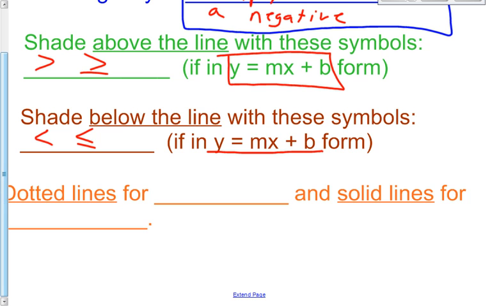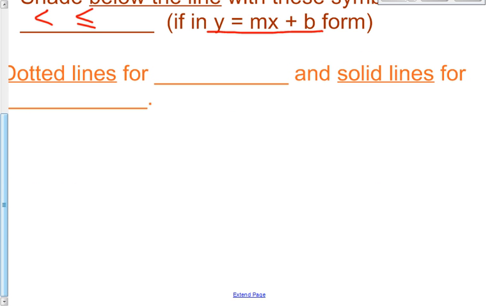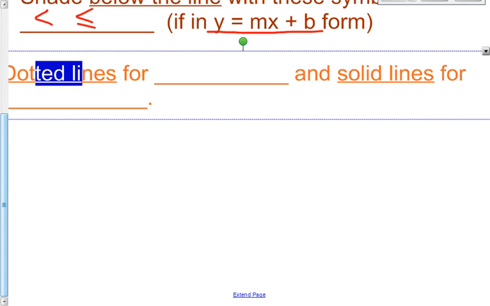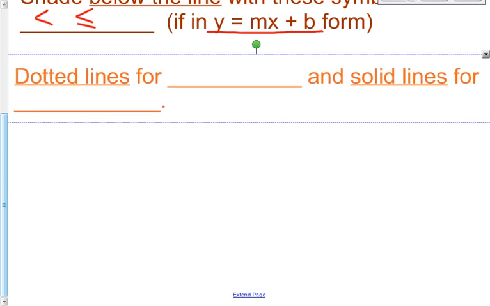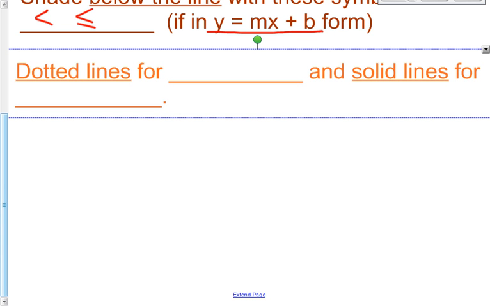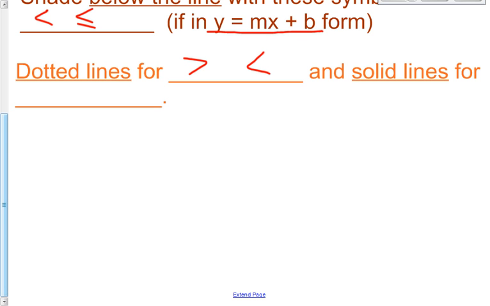And then, to connect the dots, you're going to use, boy, I don't know why this got off-centered here. There we are. You're going to use dotted lines to connect the points if it is greater than or less than, and you're going to use solid lines if it's greater than or equal to or less than or equal to.